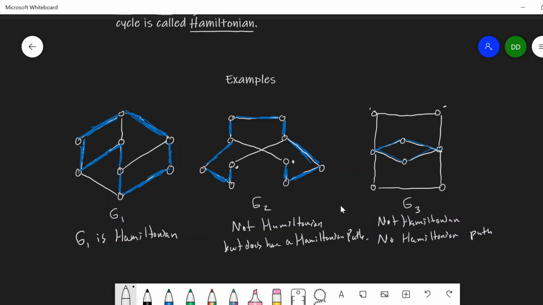This is going to turn out to be a much more difficult problem than determining if a graph is Eulerian. There, we had necessary and sufficient conditions: every vertex had to be of even degree. Here, there's no such luck. There's no known theorem that gives both necessary and sufficient conditions for a graph to be Hamiltonian. That is, we don't have a characterization for Hamiltonian graphs.